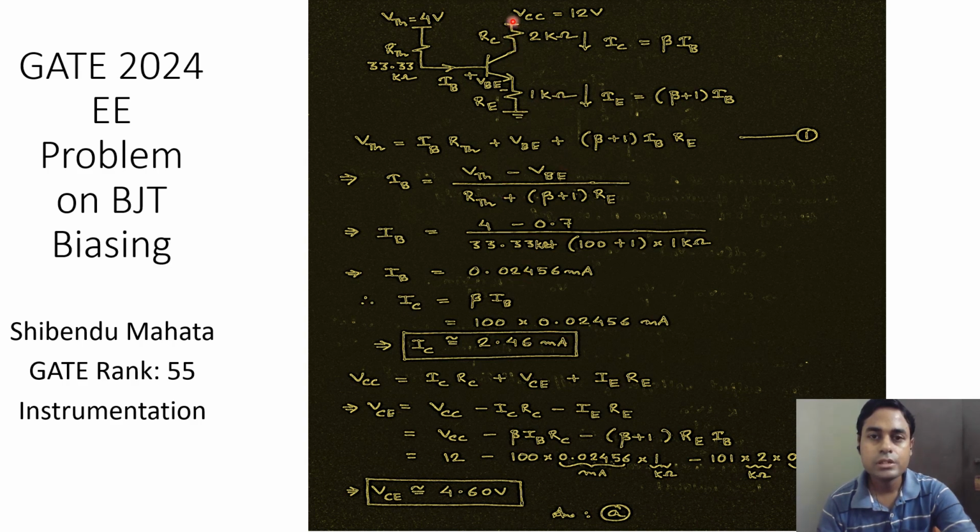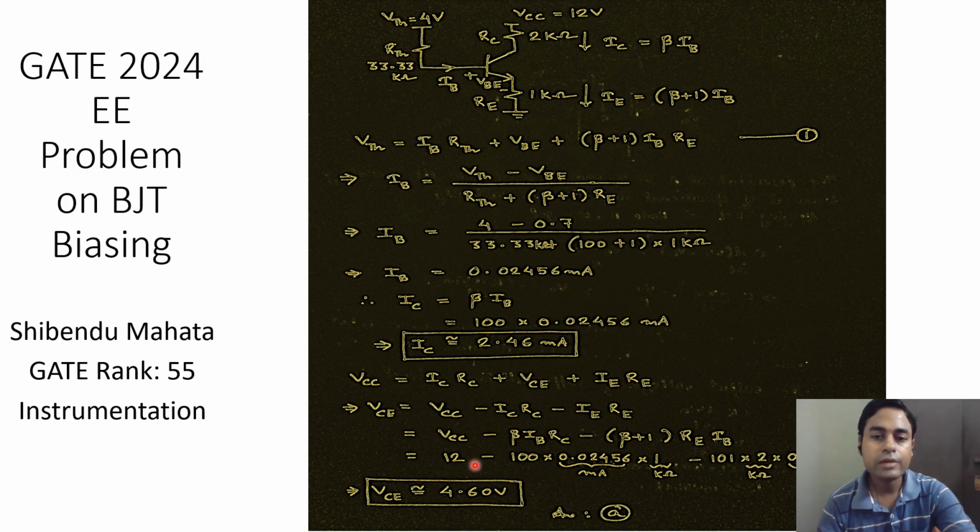So VCC minus IC times RC minus this drop VCE minus IE times RE. And we note the fact that IC is equal to beta IB and IE is equal to (beta plus 1) times IB. Therefore we can make those substitutions here.